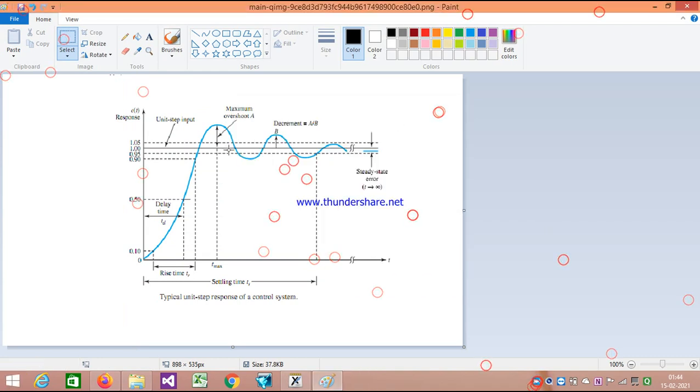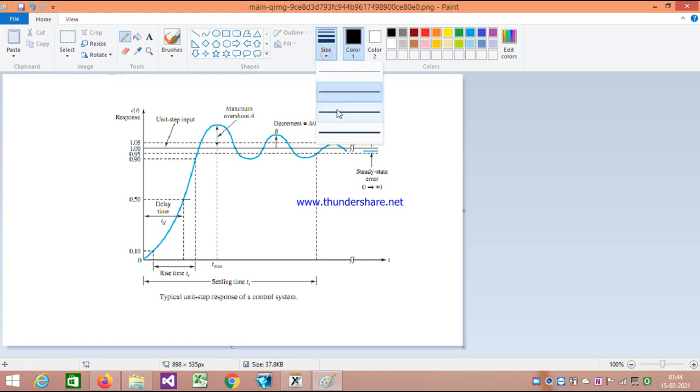So this is the graph where we can show all the parameters of system time response. This curve is indicated by the blue color, where we can see all the parameters of response time.